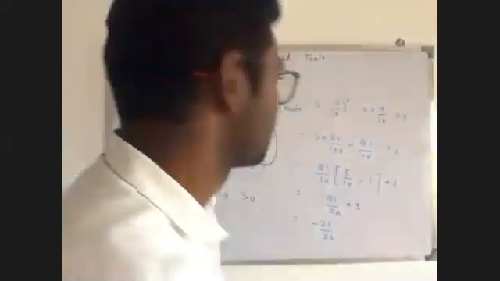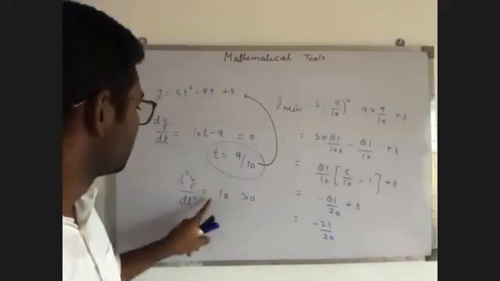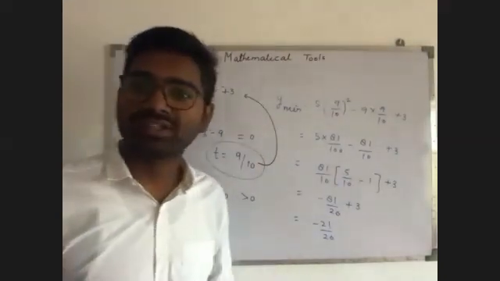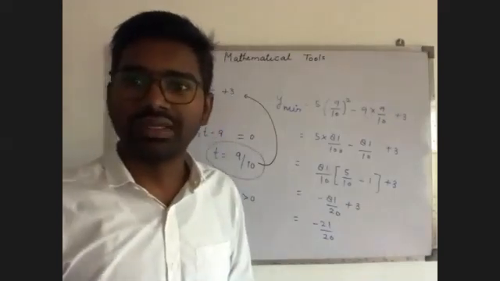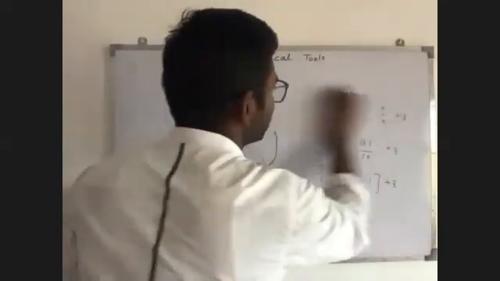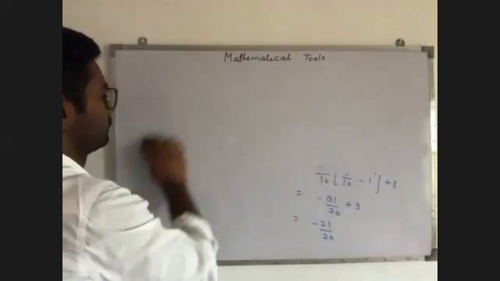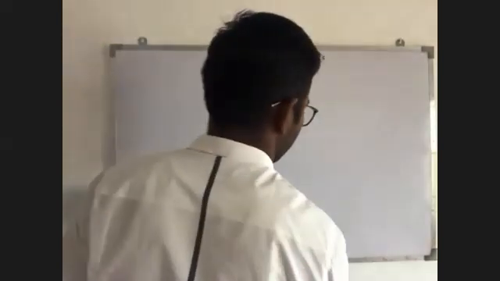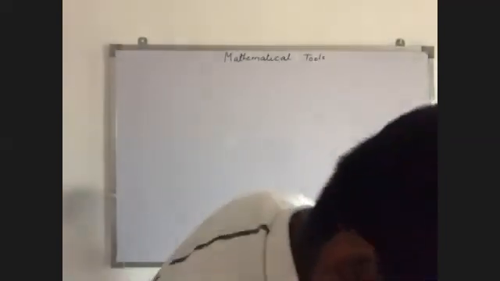Now listen guys, people are asking what happens if, let's suppose, d2y over dx square is any other function. In that case, just listen here carefully. Let's suppose I am having a function.